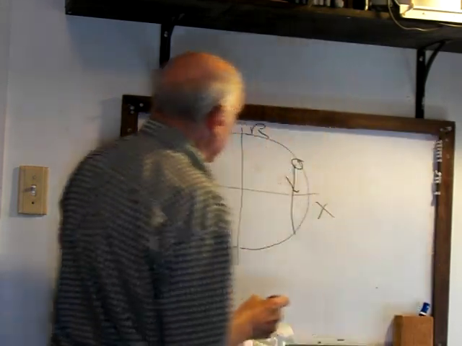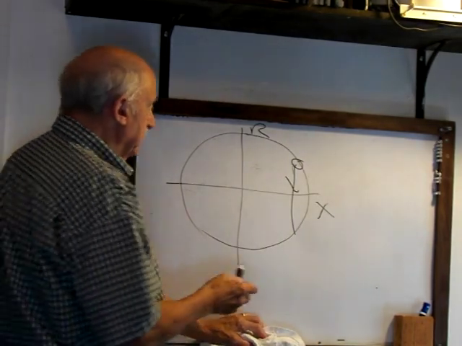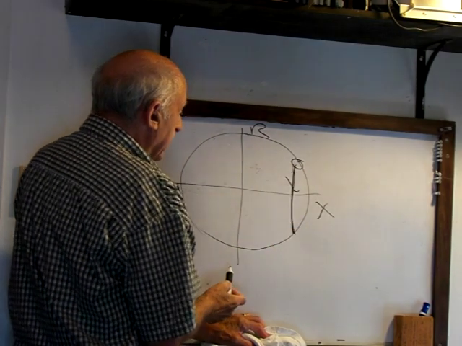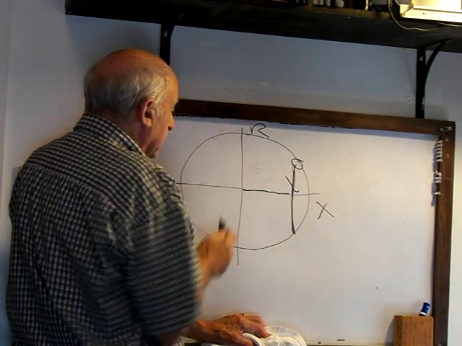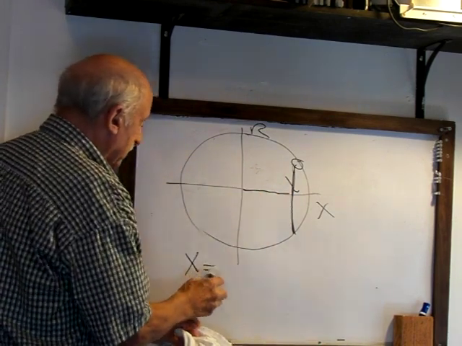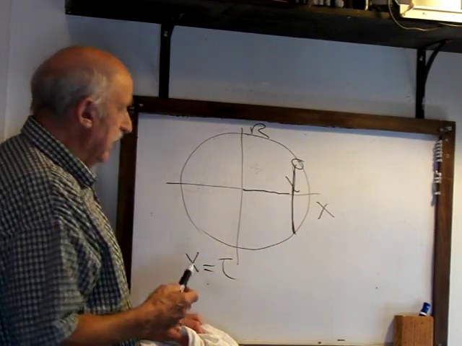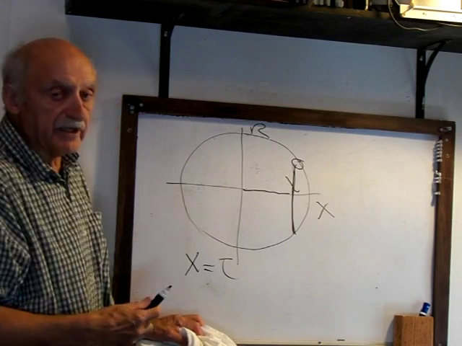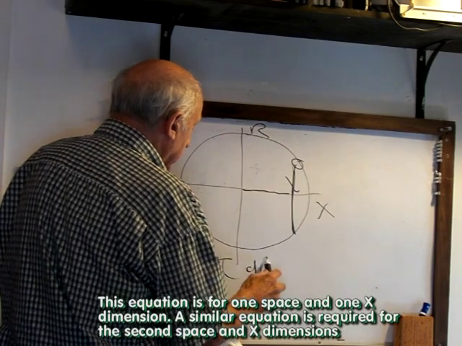But drawn this way, we can separate the kinetic from the potential energy, because the potential energy is in this dimension here, and the kinetic energy is in this dimension here. The coordinates for x are equal to the period, which is the time it takes to orbit 1 radian, times the velocity, dr by dt.